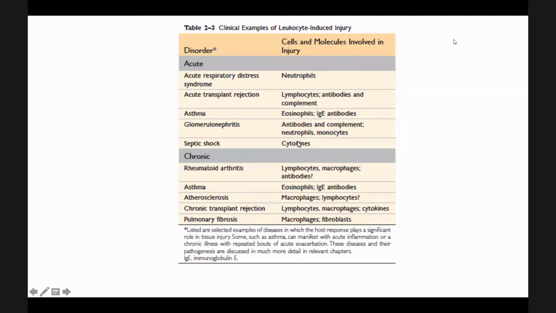Septic shock is by your cytokines, and in chronic conditions like rheumatoid arthritis, usually lymphocytes, macrophages and antibodies. Chronic asthma by eosinophils. Atherosclerosis by macrophages and lymphocytes. Chronic transplant rejection, also lymphocytes and macrophages. And pulmonary fibrosis, again macrophages. So those are the various disorders which result because of inflammation.